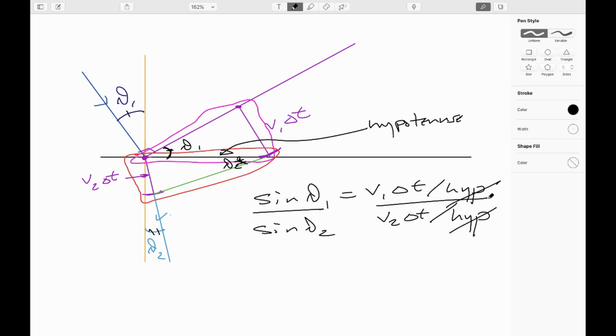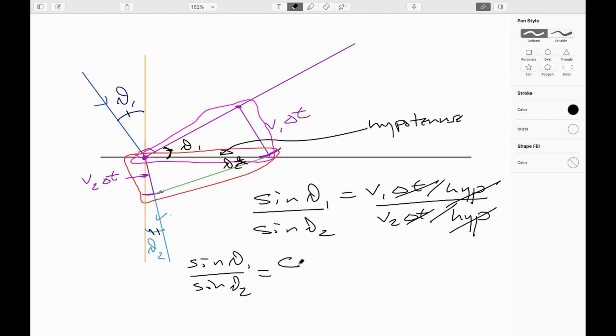The hypotenuses cancel, so do the delta t's. Okay, so this gives us that sine theta 1 over sine theta 2 is equal to v1 over v2.